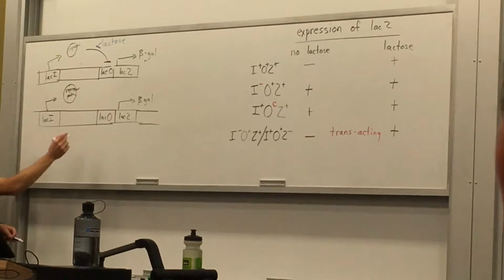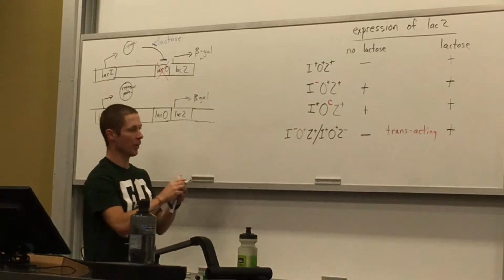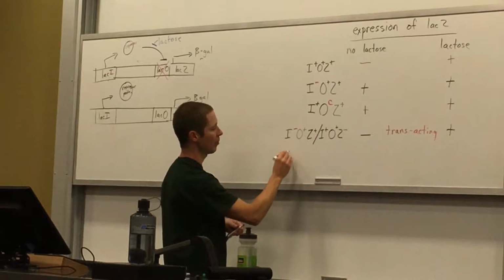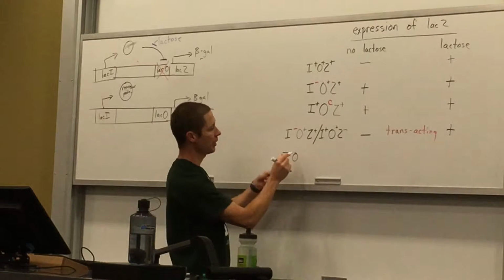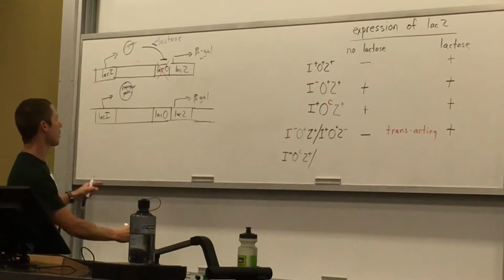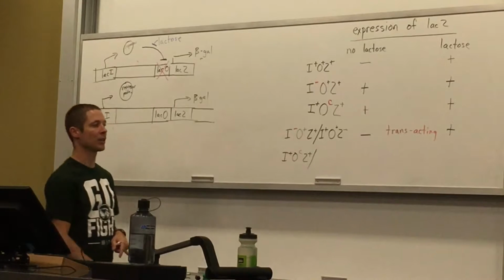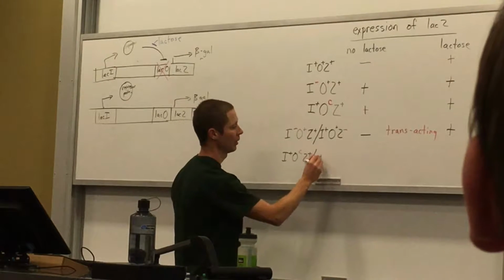Let's say we go back to that original piece of DNA that has the mutated operator. So its genotype is going to be I plus, O C, Z plus. And then just like before, we're going to bring in another copy of everything that's completely normal at first.